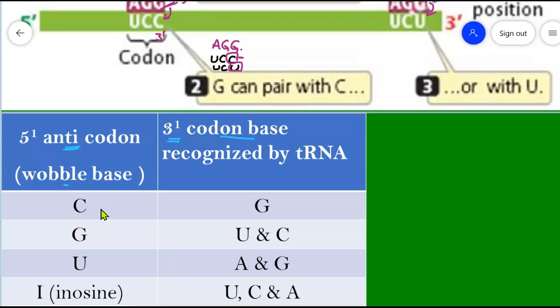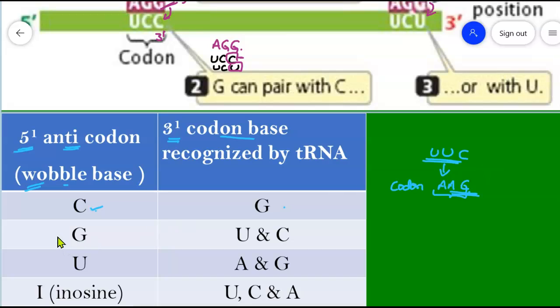If the 5' anticodon base, that means the wobble base, is cytosine, it can recognize only one codon, ending with G. So to recognize this codon, one tRNA is required.